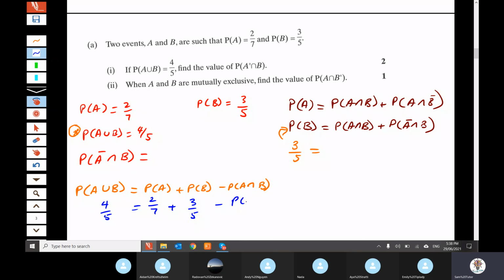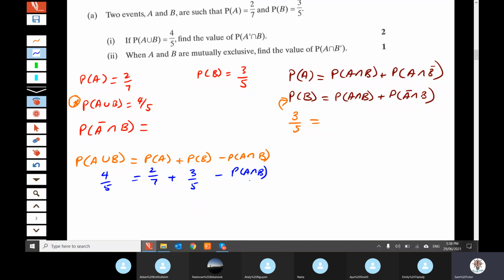We're missing the A and B. I'll do the math real quick now. 2/7 plus 3/5, and then 4/5, take away that answer, and then divide by -1. Probability of A and B becomes 3/35.